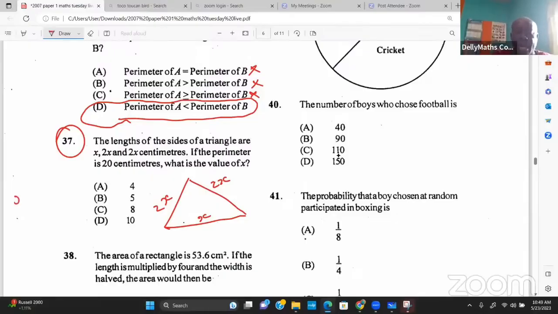So you're talking about adding up. So they're testing to see if you know what perimeter means. It's the distance along the boundary. So I'm going to be adding up X plus 2X plus 2X, and this should equal 20. All right, so it is 20 because we got that distance. So then we're talking about 5X is equal to 20, right? And then I divide both sides by 5. So you can see that X is 4. So we're looking for that, and it is right there.